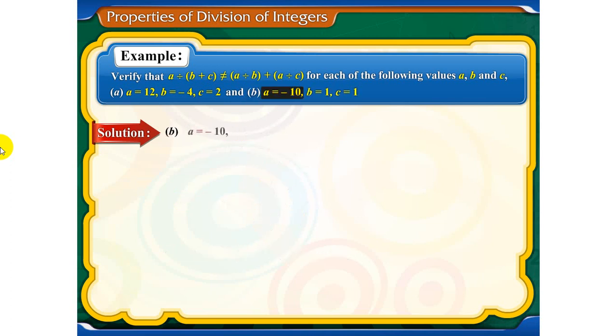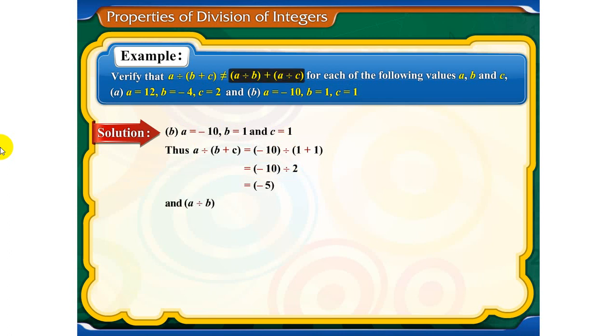(b) A equals minus 10, B equals 1, and C equals 1. Thus, A divided by (B plus C) is equal to minus 10 divided by (1 plus 1), which equals minus 10 divided by 2, which equals minus 5.